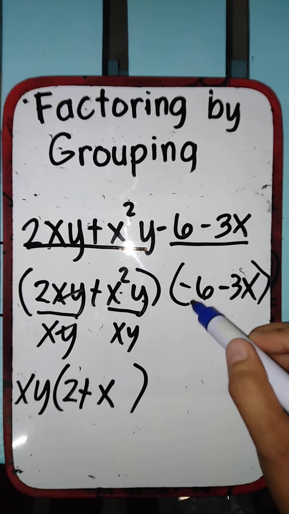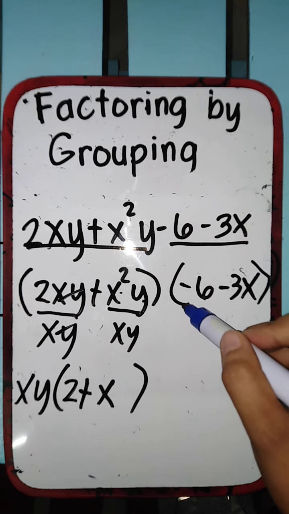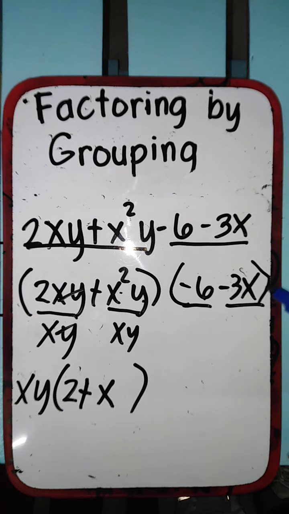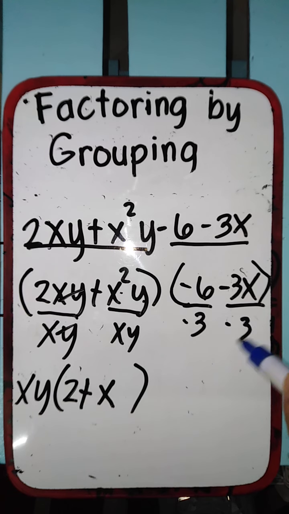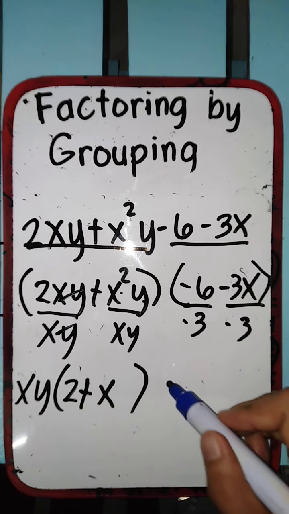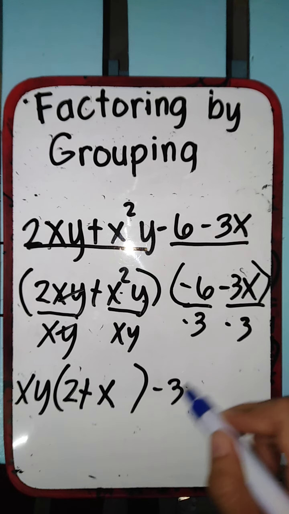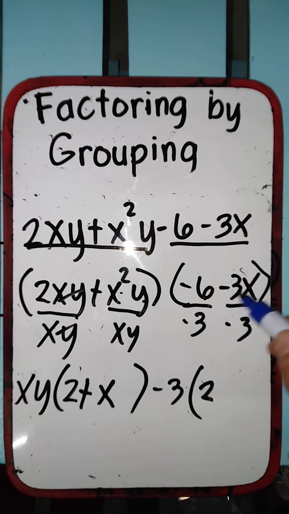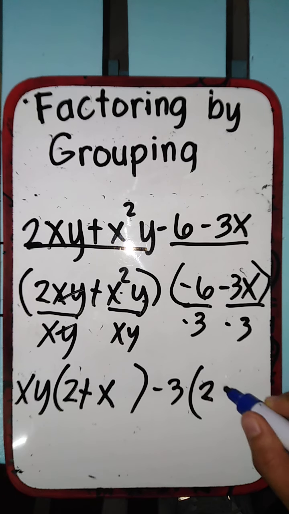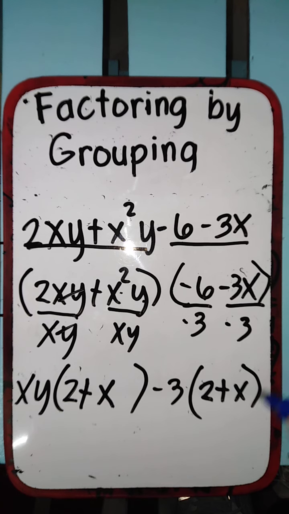Then, how about our second group? Negative 6 and negative 3x. What is their common factor? They have negative 3. Negative 6 divided by negative 3 is positive 2, and negative 3x divided by negative 3 is also positive x, because negative divided by negative is positive.